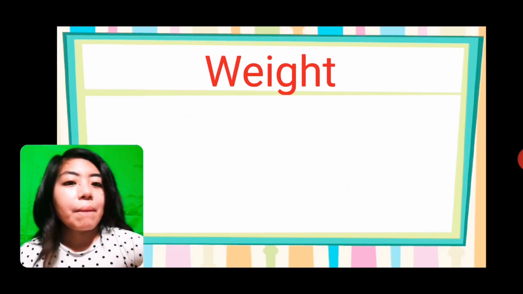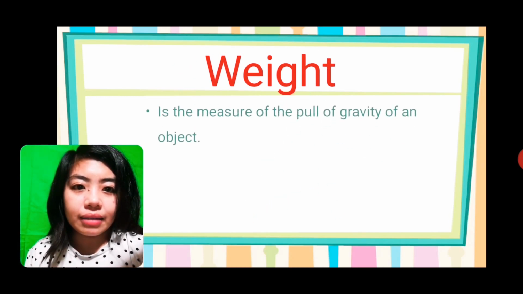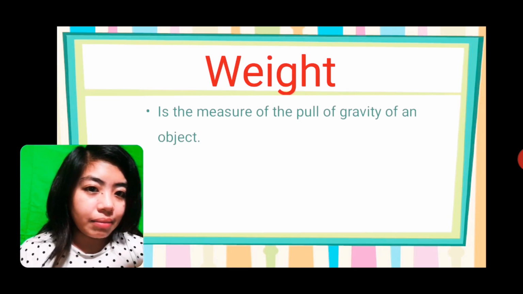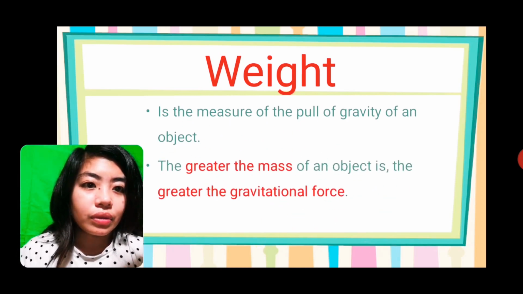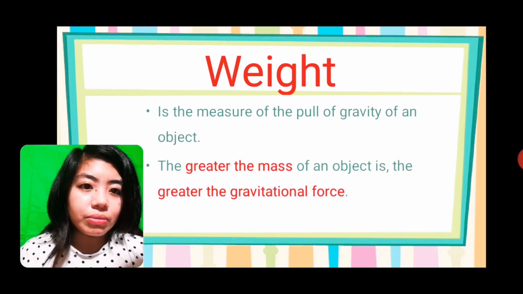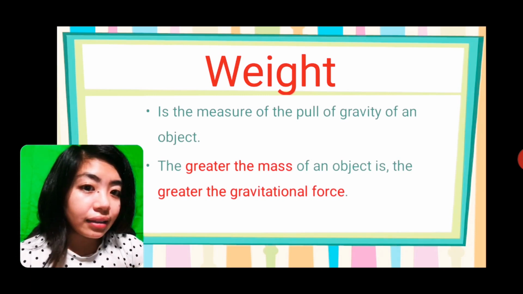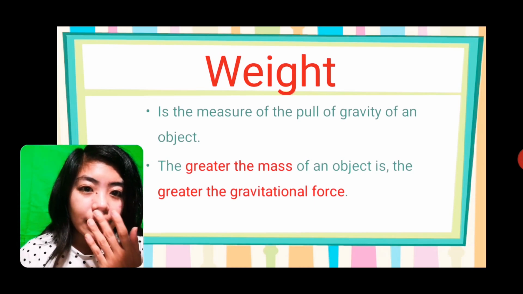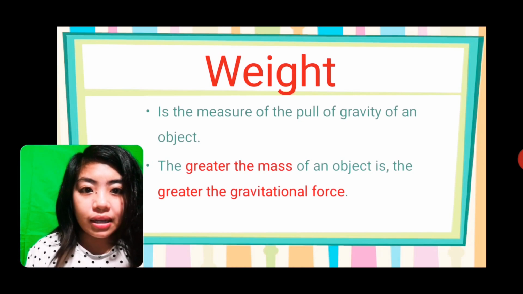Okay, next is weight. Pag sinabi natin na weight, may kinalaman na dito si gravity of an object. So, the greater the mass of an object, the greater the gravitational force. Mas mabigat, mas mataas na gravitational force. So, ibig sabihin, mas mataas yung weight ng isang object.